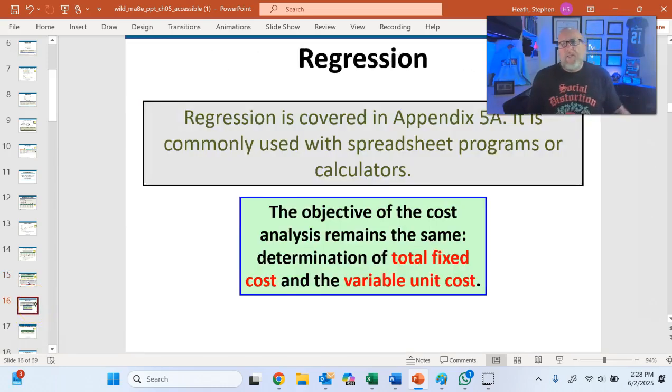Regression is a more sophisticated approach to estimating costs.